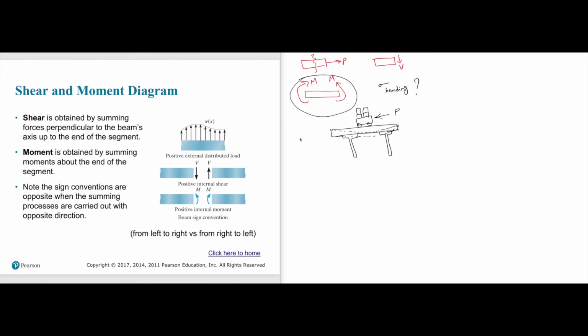To calculate the amount of load that the bridge can withstand, or if the amount of load is given, we have to design the bridge.